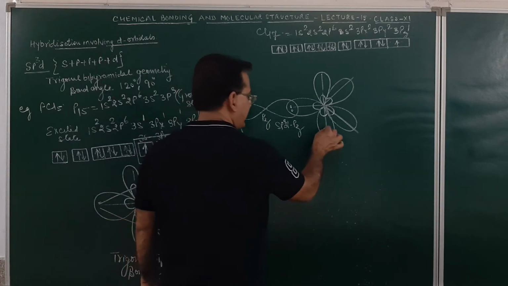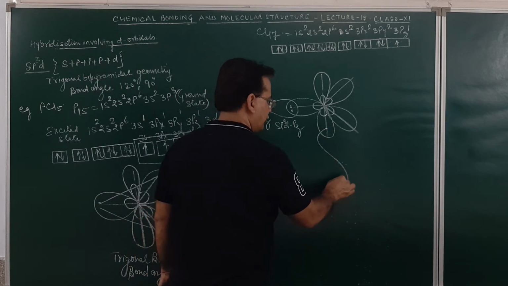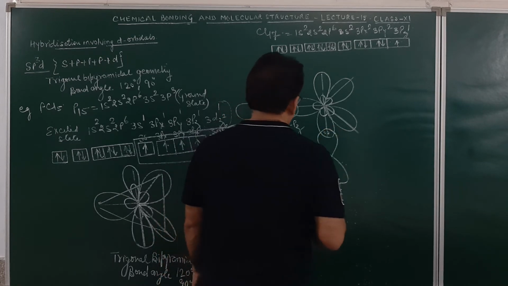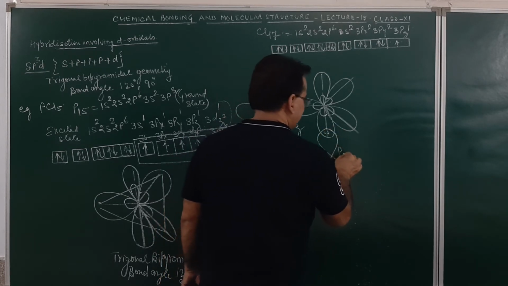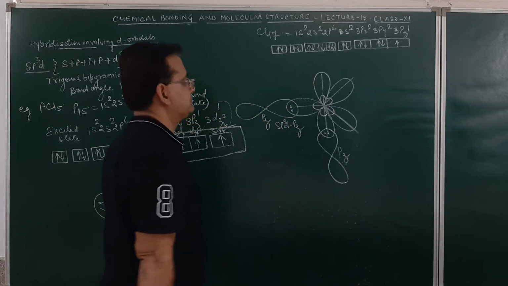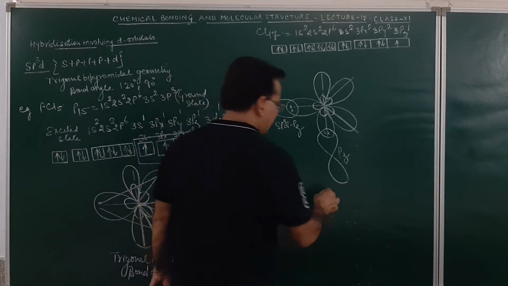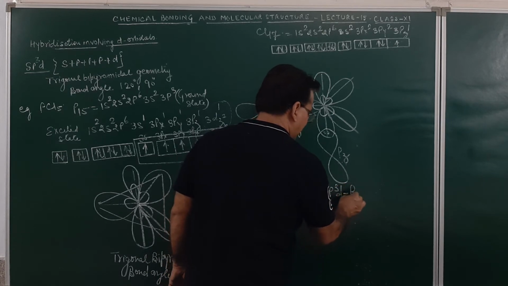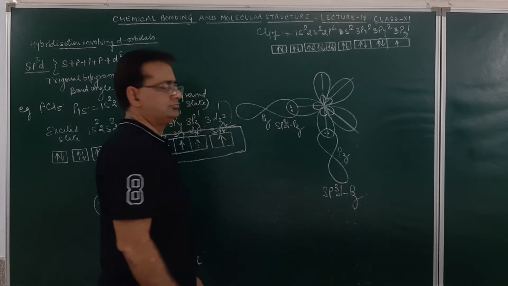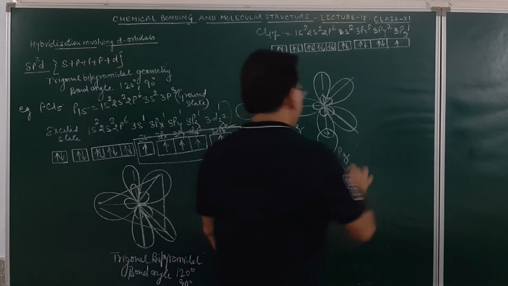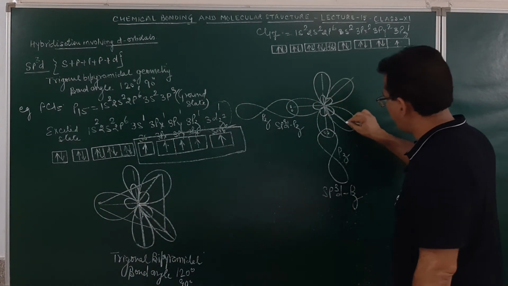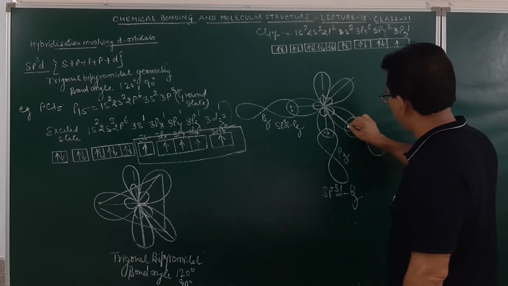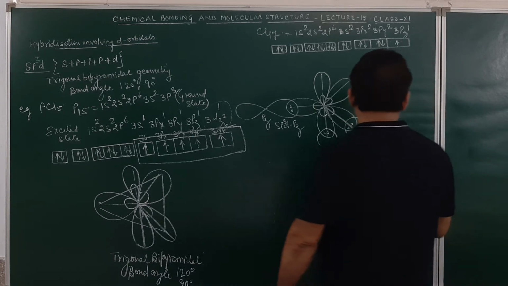Similarly over here, this will be the case. This again is pz, and this again will be sp3d and pz orbital. Then we have this one. This again is pz.